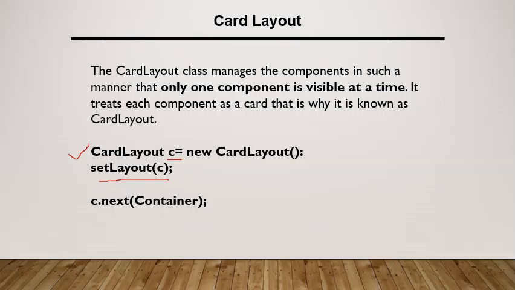C dot next will show you the next card, because it's like a bunch of cards. So you add one component to the frame with the card layout, then when you add the second component, it will be overlapped by the first, then the third one will be overlapped by the second one. Okay, so you can click on the button and go to the next one with the next method of the card layout.